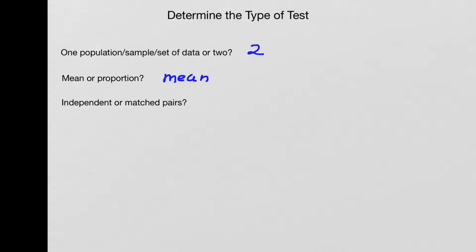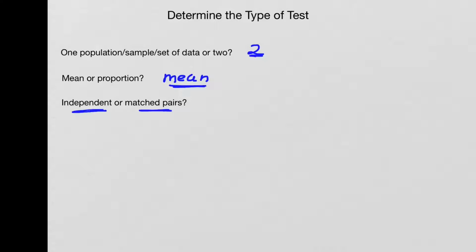Because it's not really counts, and this one is a little sticky because it does talk about percentages and we're counting votes, but we're going to talk about the average here. So this is about a mean, and if we have two sets of data and it's about a mean, then my choices are that we have either independent data or matched pairs.